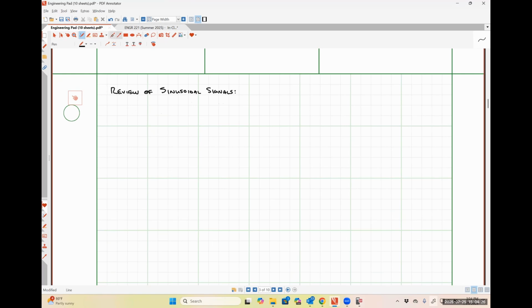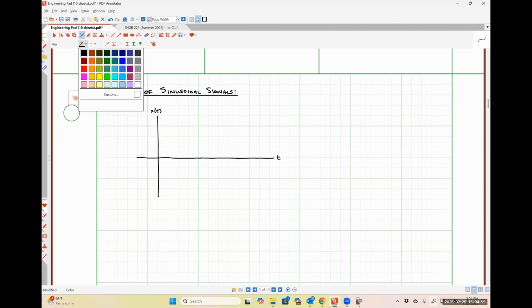I'm going to pre-apologize for my inability to draw a sine wave, but I'm going to do my best here. So let's say that I have some sinusoidal signal like so. On my vertical axis is just going to be the value of x of t, and on my horizontal axis, this is going to be t.